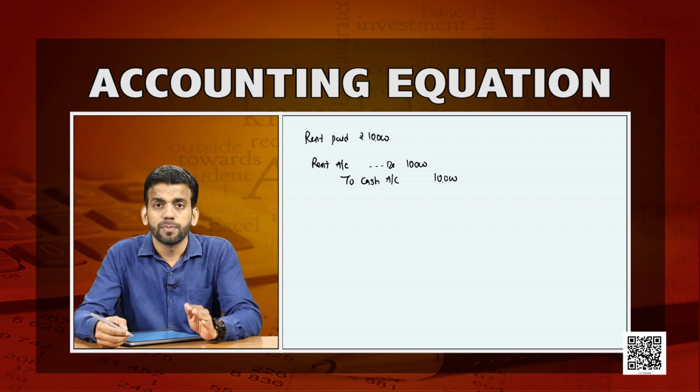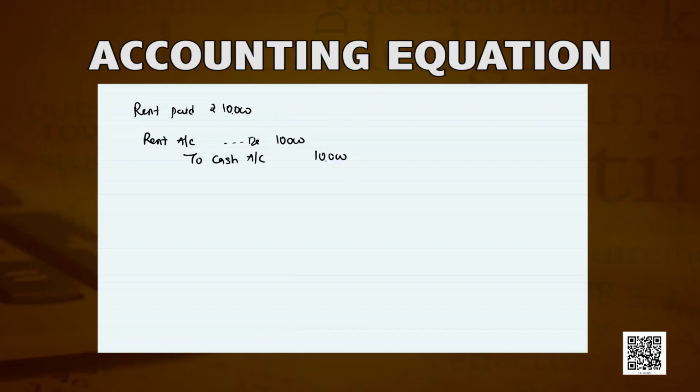My dear students, here we have to learn that accrual basis of accounting says all expenses would be debited by the amount it has fallen due. I repeat, accrual basis of accounting says expenses would be debited by the amount it has fallen due.